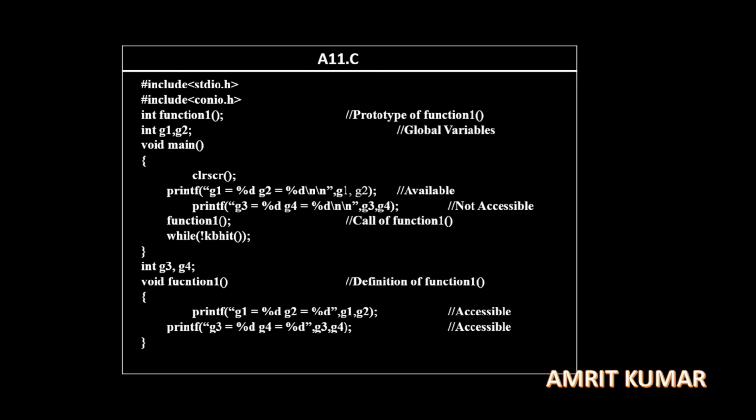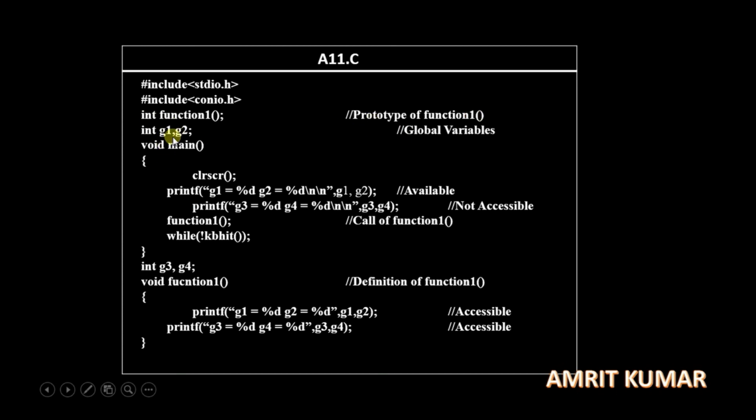Here is the question: we have declared the stdio.h header file and the conio.h header file, whose work is to bring all that functionality into this C program. Now after that I have used the prototype of function1.